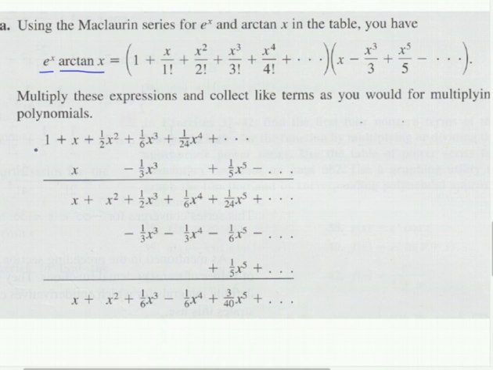It wrote down the e to the x expansion on top, and then it wrote down the arctangent of x expansion, keeping place value in an accounting sort of way. So the first degree terms line up, third degree terms line up, fifth degree terms line up, and so forth. Really, let's just put this one down here.